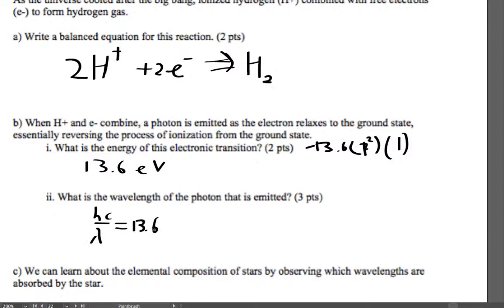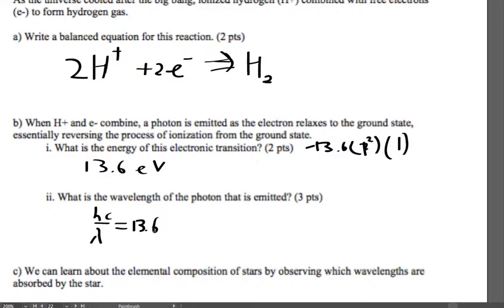To find lambda, you take the h that you have, which is 4.136 times 10 to the power of negative 15, and then multiply that by 3 times 10 to the power of 8, the speed of light, and then you divide by 13.6.